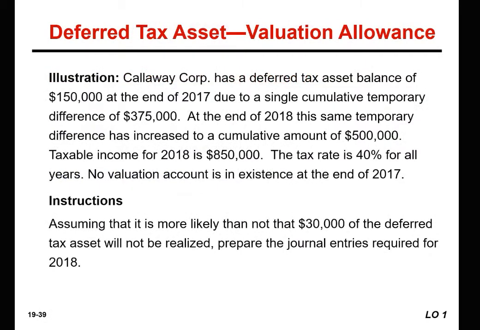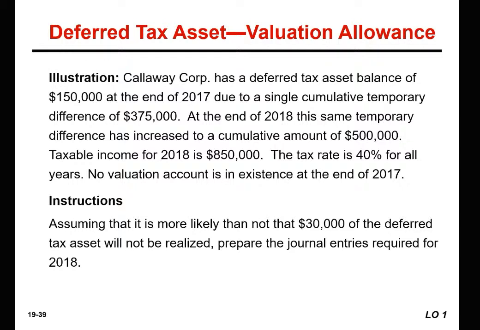So let's look at that using Callaway Corp., which has a deferred tax asset balance of $150,000 at the end of 2017 due to a single cumulative temporary difference of $375,000. Now, at the end of 2018, the same temporary difference has increased to a cumulative amount of $500,000.